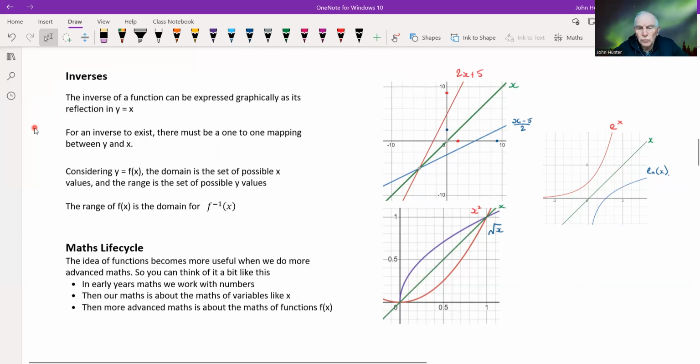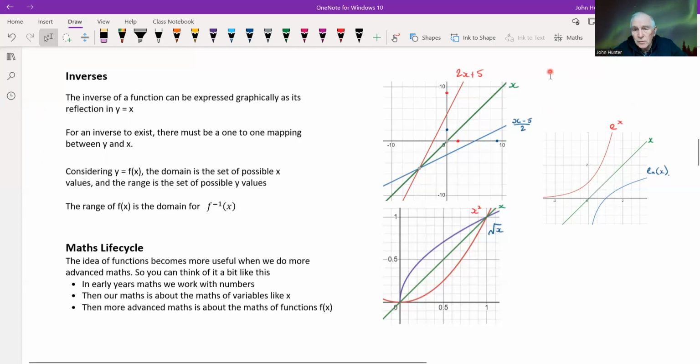That's quite useful, and gives a good visualization of what's going on. Why is that? Well, in some sense we are just reversing the axes, and if we're finding an inverse by changing the subject of the equation, then you can perhaps see how that is the case.